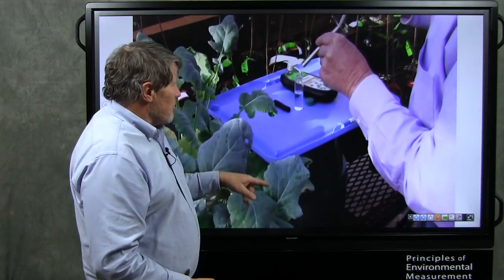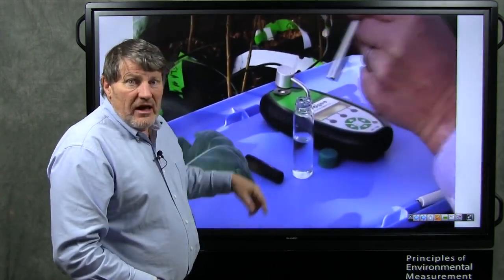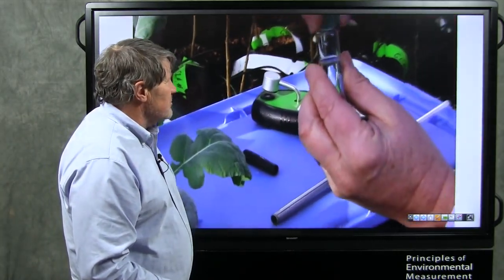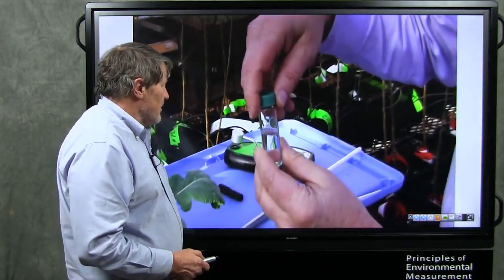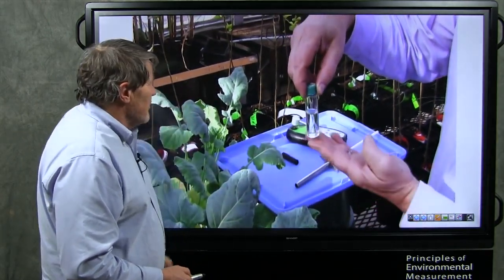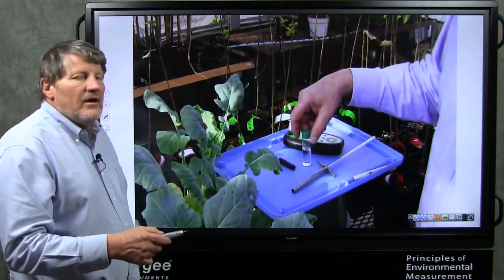This is done with a cork borer. We put it into a little vial of dimethyl sulfoxide. There are different extraction solvents, but this is the one of choice, and mix it up. You can see this tiny little leaf disc floating in this extraction solvent.